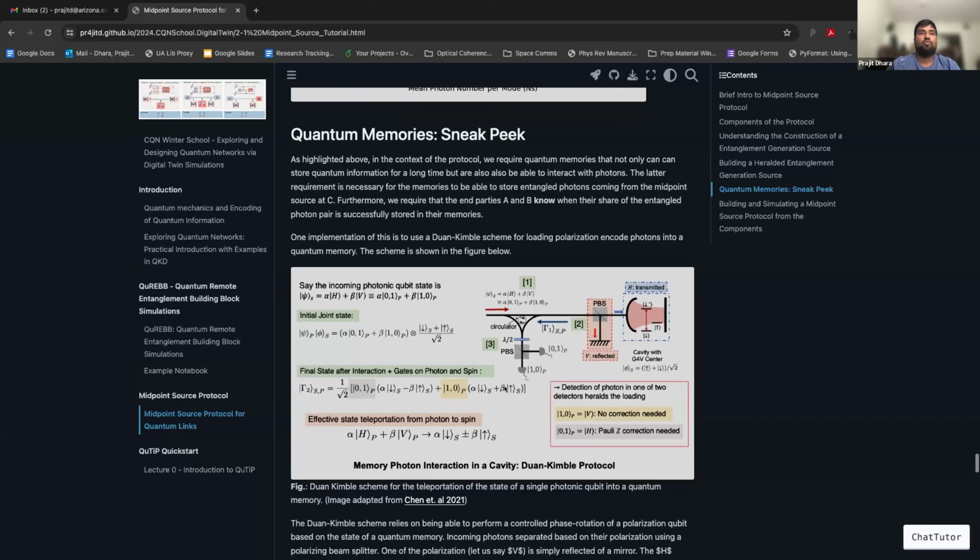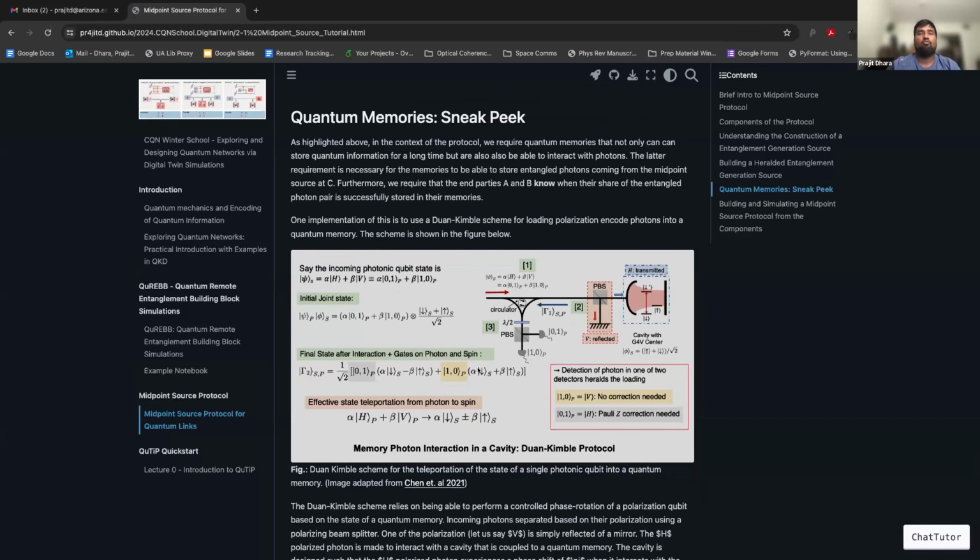Most generally, if I start with the initial joint state of the spin in an equal superposition, and the photon in alpha H plus beta V, or alpha 01 plus beta 10. After the interaction, depending on which mode the photon occupies, you either have the state with an additional phase or the state being teleported onto the state of the spin.